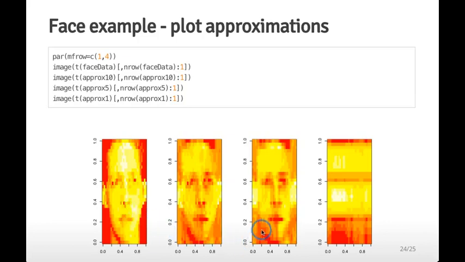Remember that 5 singular vectors represented most of the variance in the image, so if you use the first 5 singular vectors, you can reconstruct a very close approximation to the original FACE data set. If you only use one singular vector, you don't see the face very well at all, because all it captures is the fact that this part of the image has higher values than the other part. So as you increase the number of singular vectors that you use, you get closer and closer approximations to the original face.